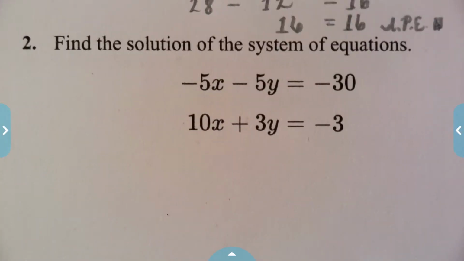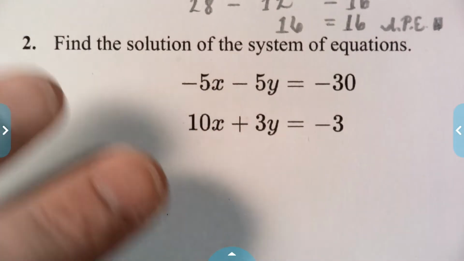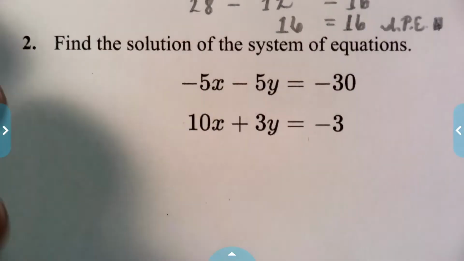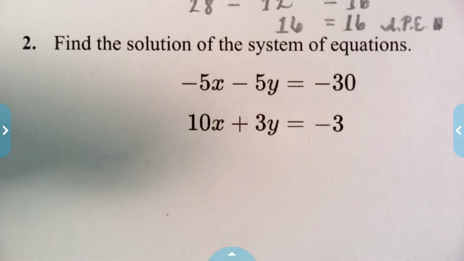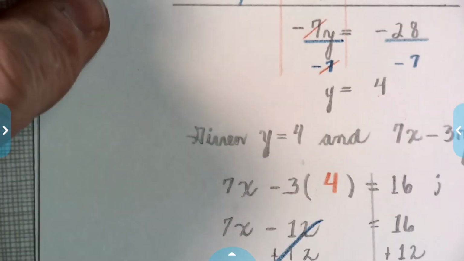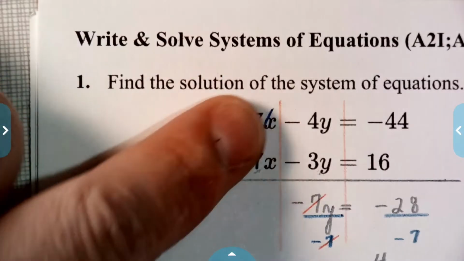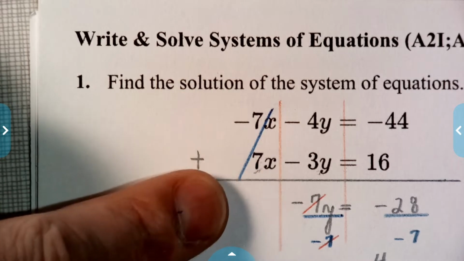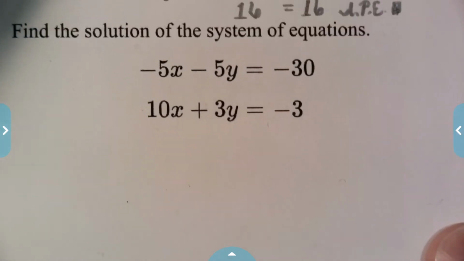Okay, so here we are with number 2. Now, on number 2, there isn't such an obvious way of just adding the equations up and having something disappear. Back up here in number 1, the negative 7x and 7x kind of just stood out, and so we can immediately eliminate them.